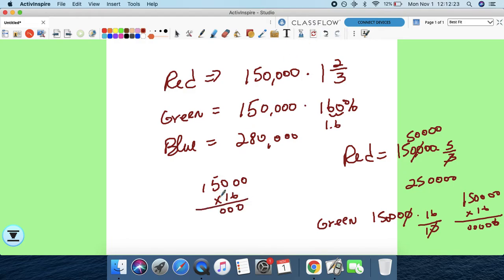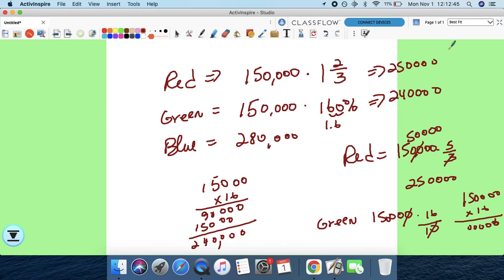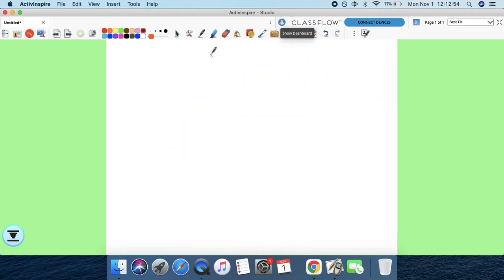That's 240,000. So the green team made $240,000. The red team made $250,000. Obviously, who won? The blue team, with 280,000. Okay. So again, any of those.